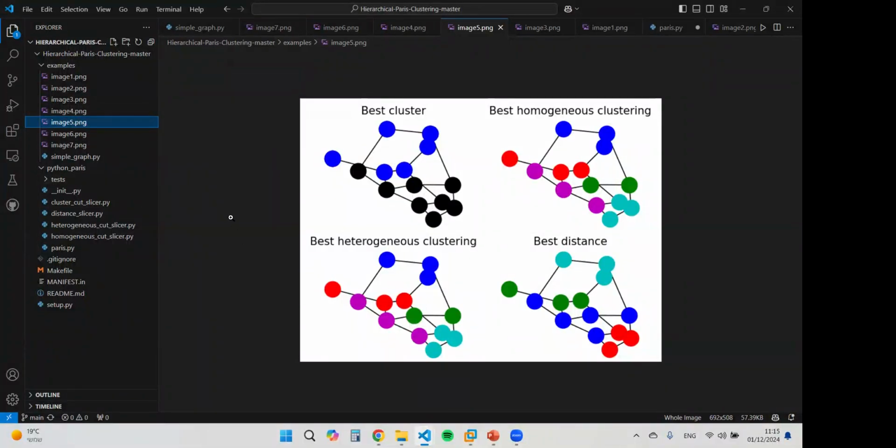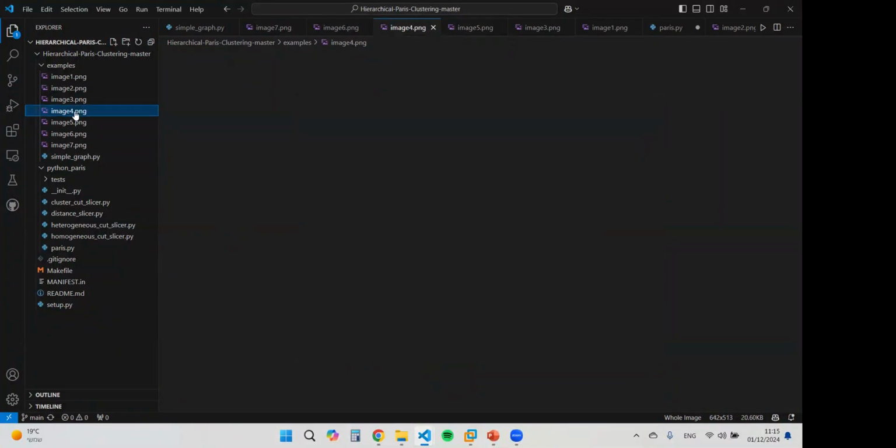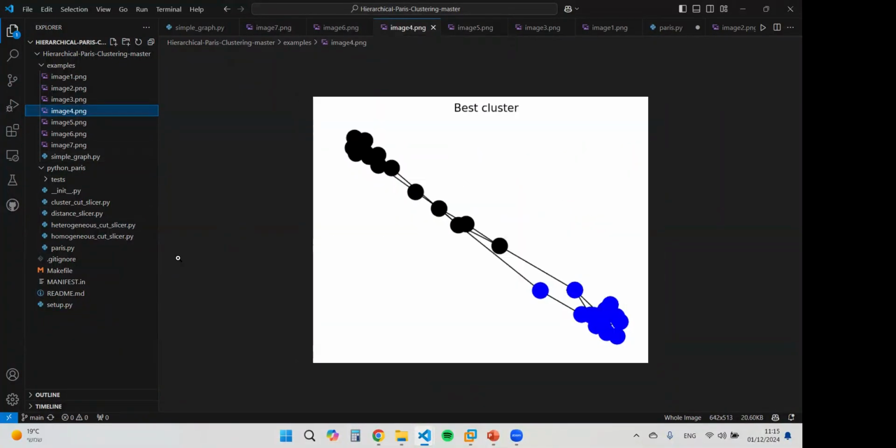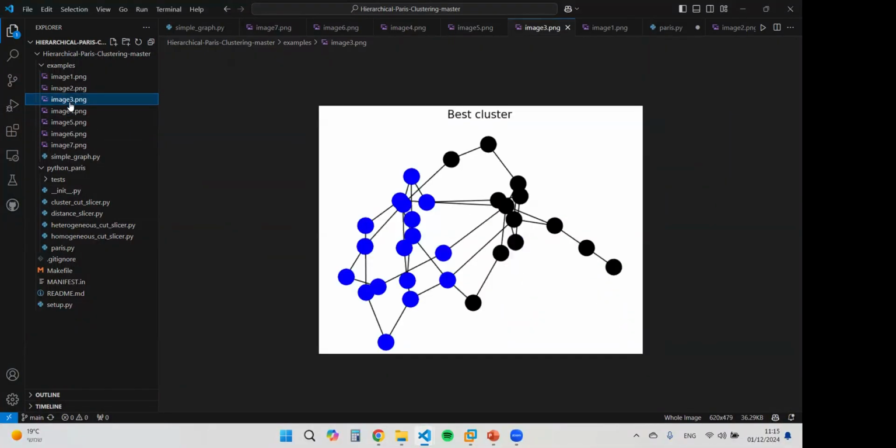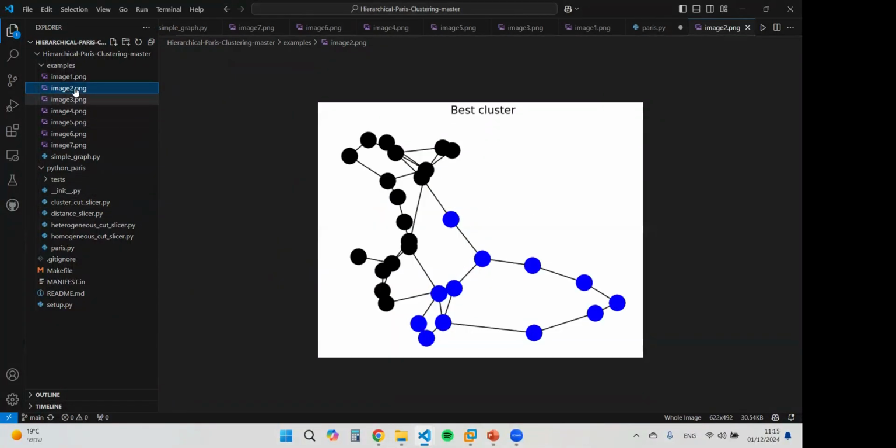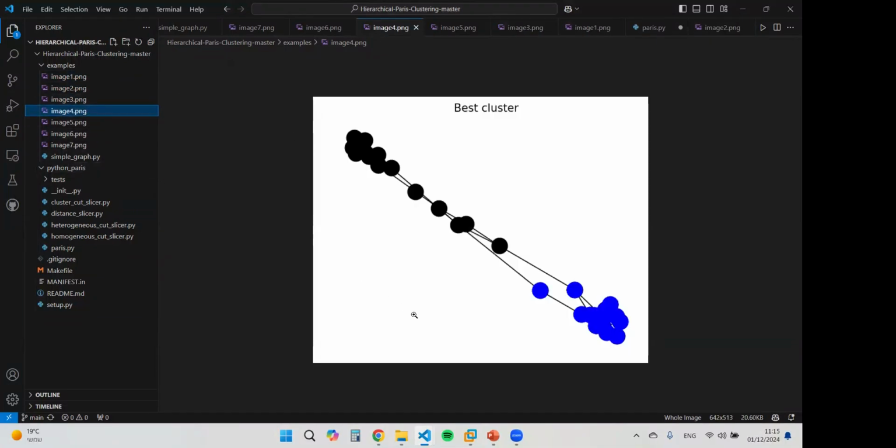The names homogeneous clustering, heterogeneous clustering, best distance, best cluster, those are ways to decide where to cut the dendrogram. We haven't gone deep into those, just know that there is some way to decide where to cut the dendrogram. Those are larger examples with more nodes. I think that's it, we can move on.